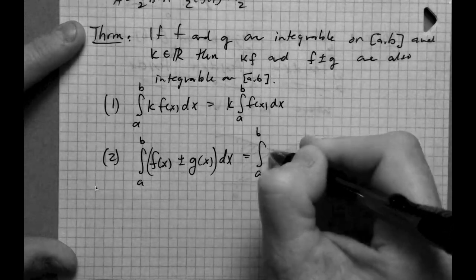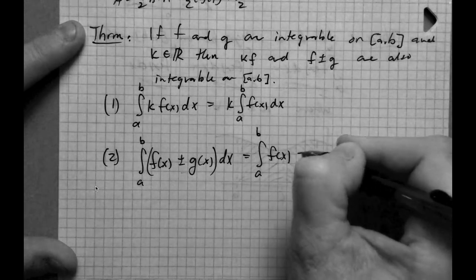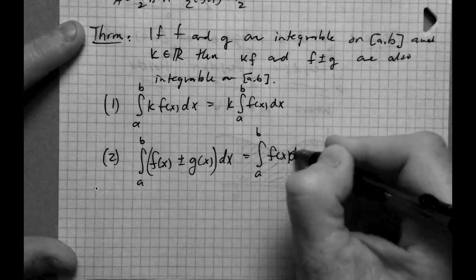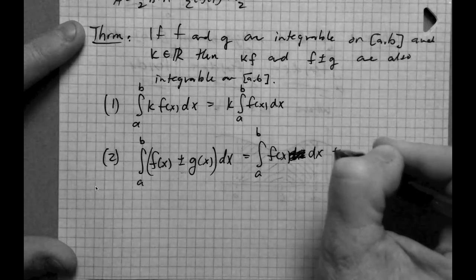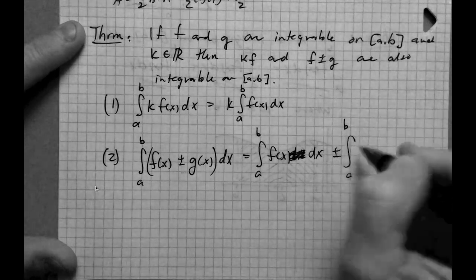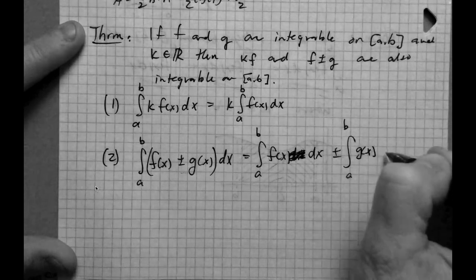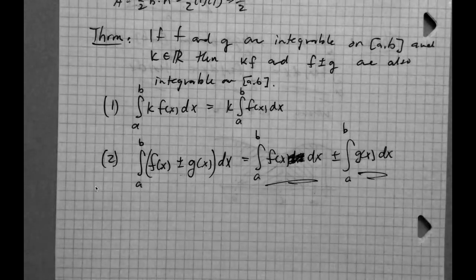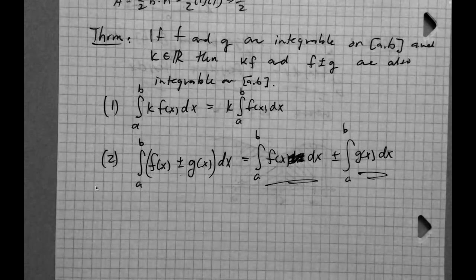So it'd be the integral from a to b of f of x dx plus or minus the integral from a to b of g of x dx. Okay, so you can just do them in two parts. That's nice, right? Very nice. Okay. All right.